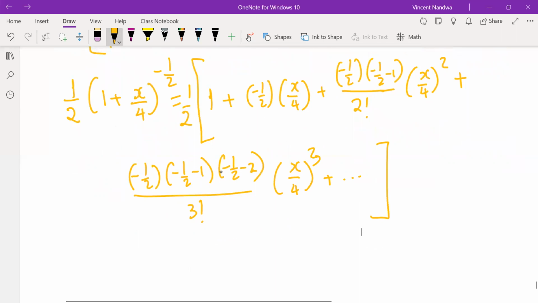So we'll have a half into 1 minus x over 8, 2 by 4.